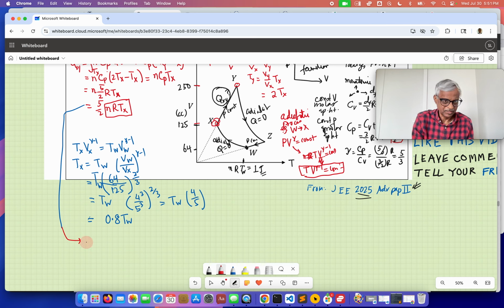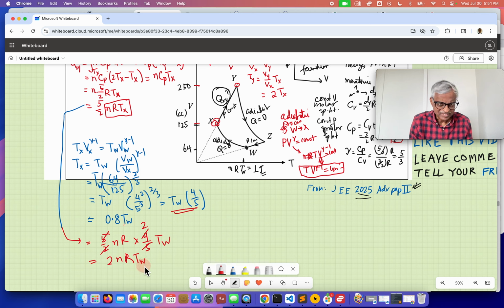So over here, continue this calculation. We have a 5 over 2 nR times 4/5 Tw, just using this one instead of that. 5 cancels out. This becomes 2. So 2 nR Tw. Is that correct?